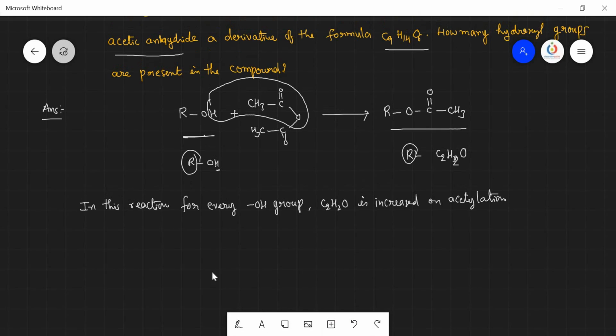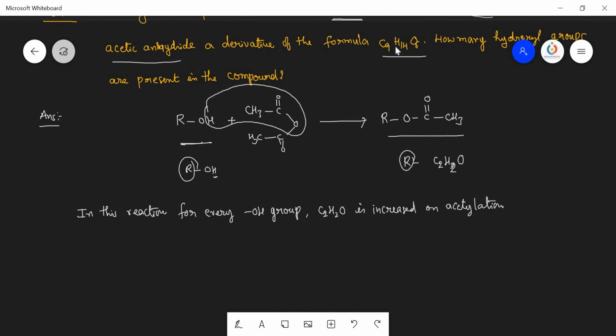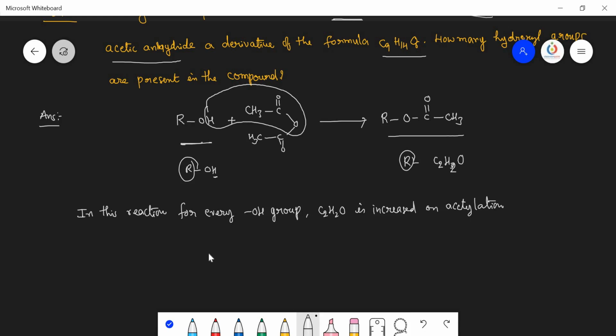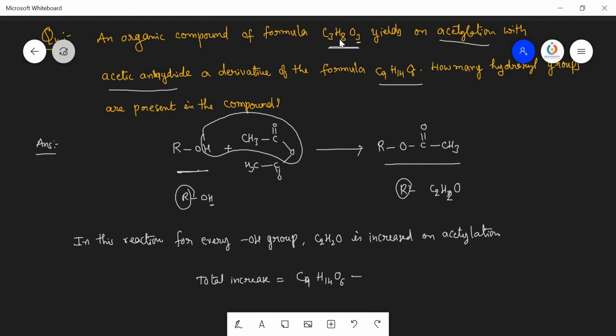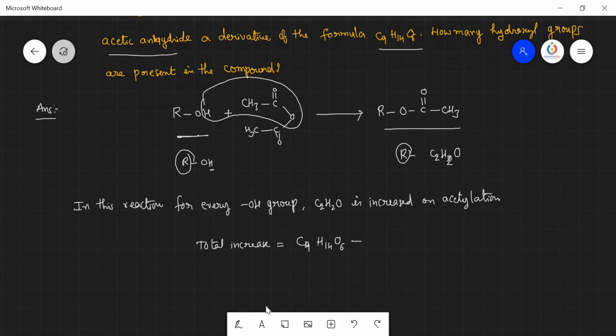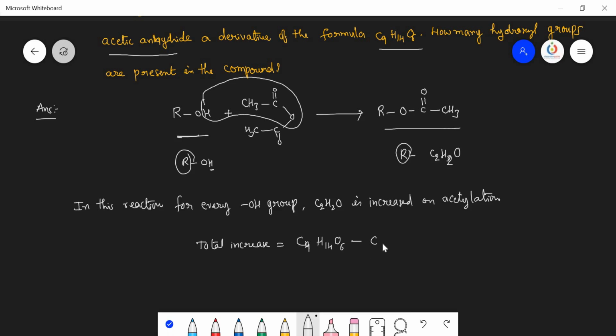So here the final molecular formula of the compound is C9H14O6. So total increase, for every one OH group this much increase, means total how much is increased? Total increase is equal to C9H14O6, this is the molecule, minus the original molecule, C3H8O3.